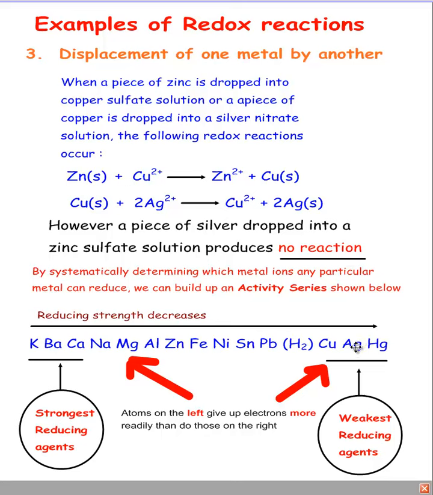On the activity series, those elements which are up the top here will give up electrons more readily than those down here. So the silver, put into zinc sulfate, would not be very readily giving electrons. But if you put it into a mercury chloride, then it might work.